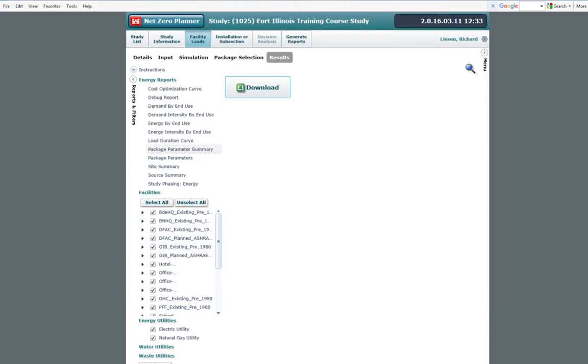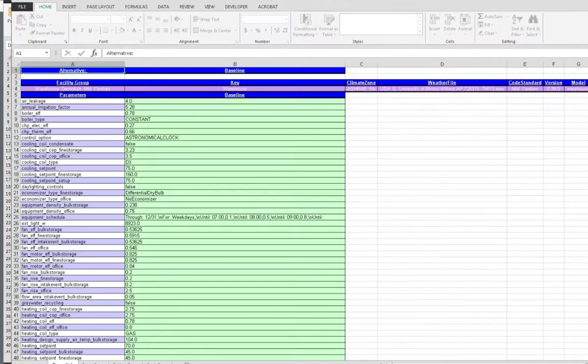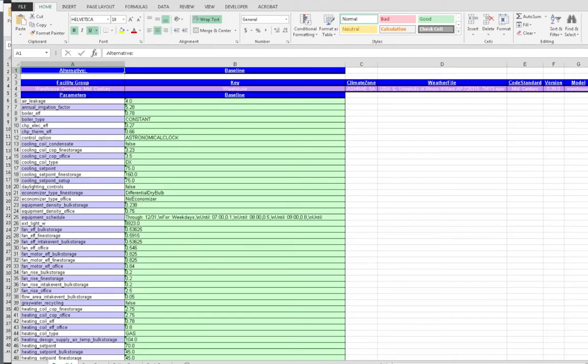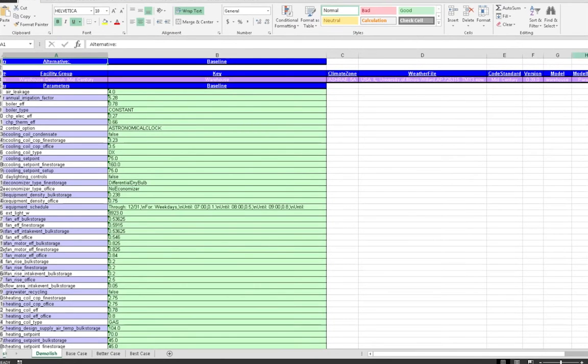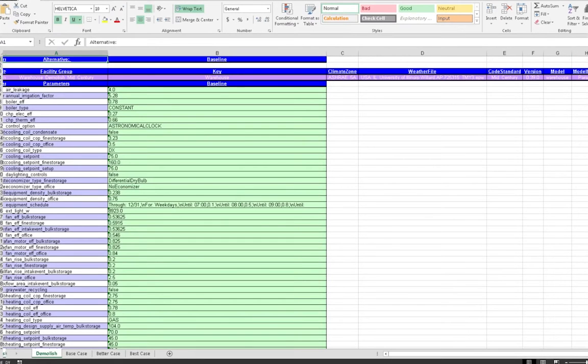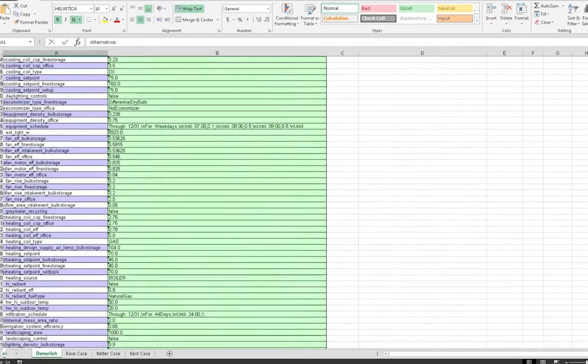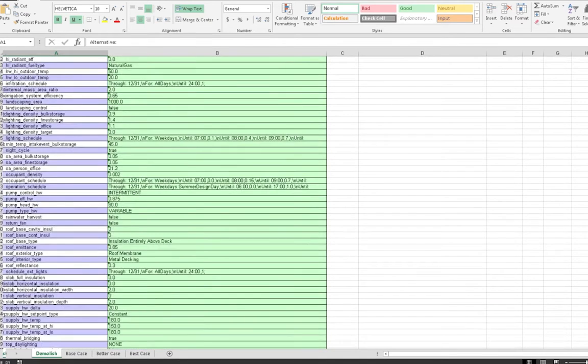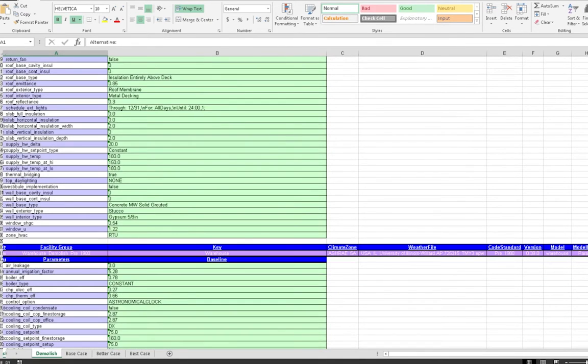We save that. We see that that's right here. And what we get here is, let me get that a little bit bigger. If we look in the first column A, we see all the inputs that we have, and this is for our demolished building, for each of the facility group types.